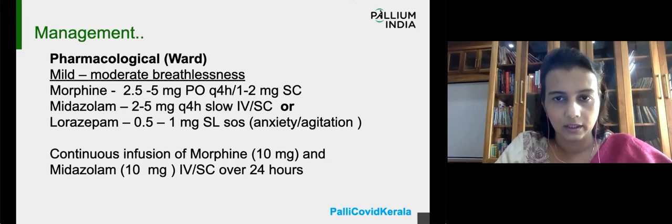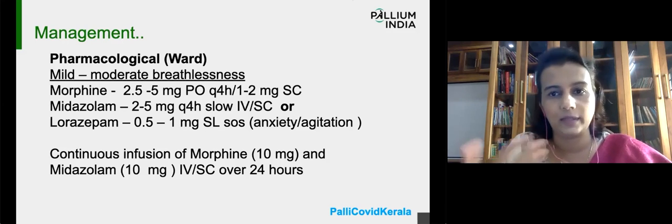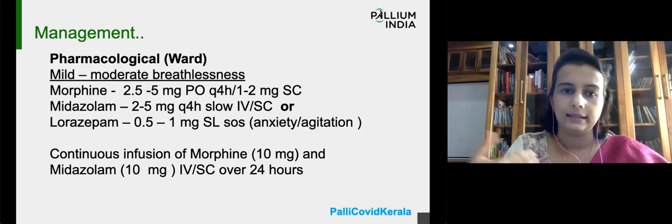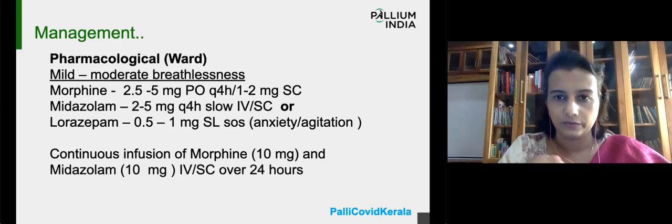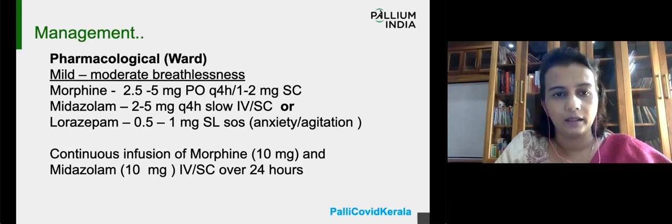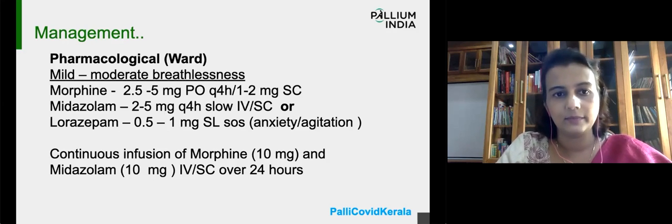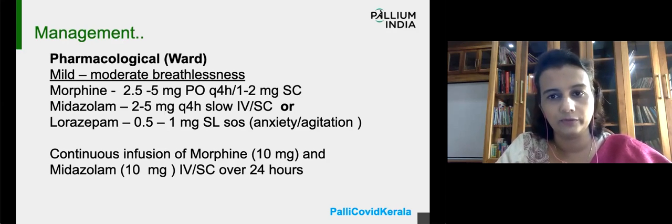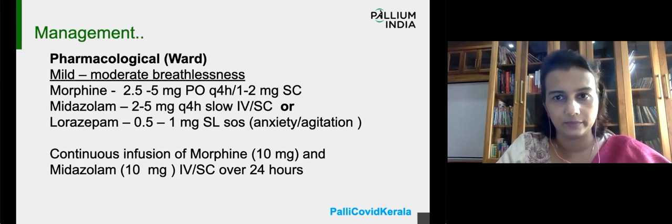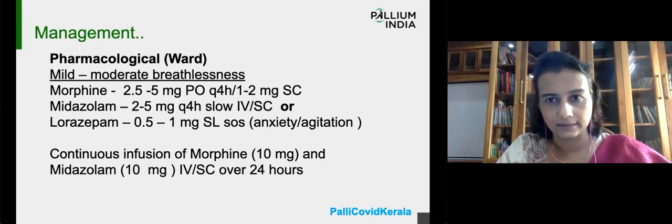In addition, as I explained before, breathlessness can be linked to anxiety and agitation. And if the anxiety is not taken care of, they can develop into panic attacks. So if the patient has got anxiety, then you can also give a benzodiazepine, where the suggested benzodiazepines are midazolam 2.5 milligram Q4 hourly, which can be given as a slow IV or subcut, or we can also give lorazepam 0.5 to 1 milligram sublingually, SOS, as and when needed.